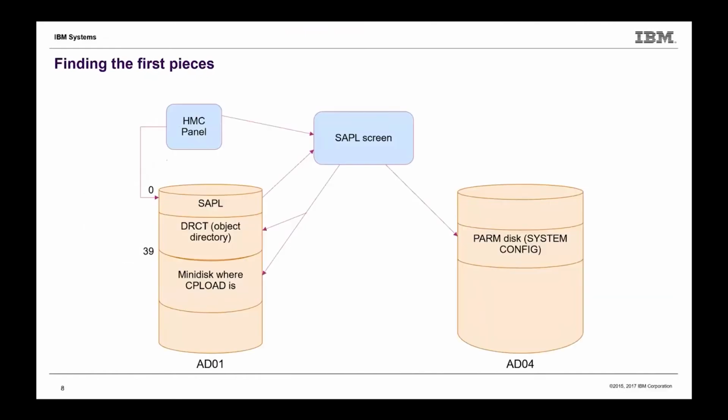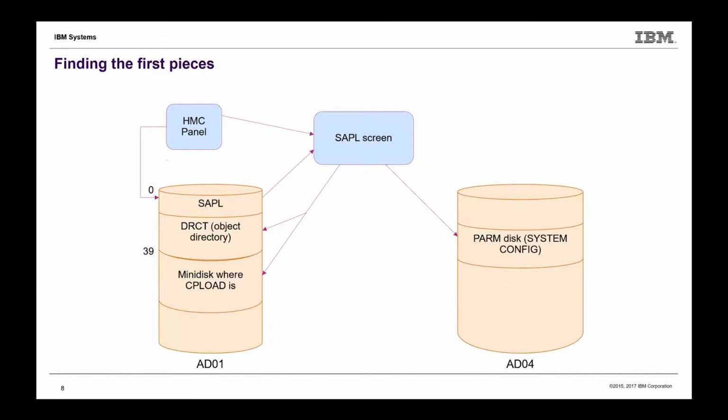All right, so what we're going to be doing here is we're going to go to our HMC, and we're going to bring up the load panel, right? And by loading that, what we're going to actually load is that standalone program loader, right? So that's going to give us a SAPL screen. Now, part of what we're passing into this structure or have coded into the standalone program loader is other information, right?